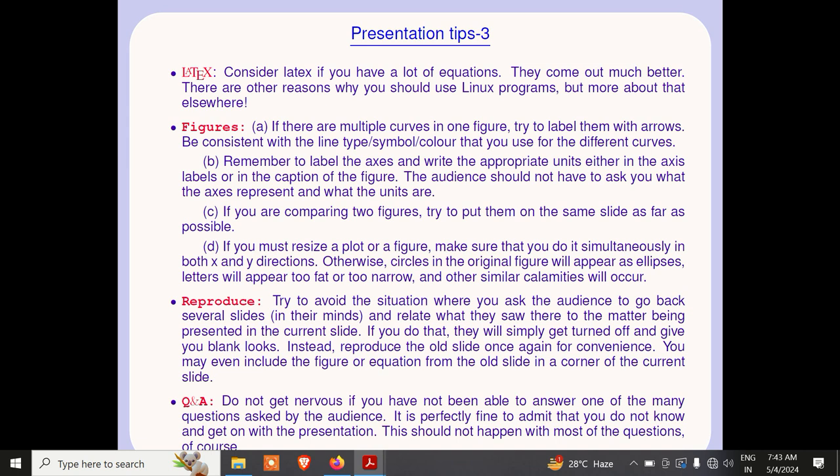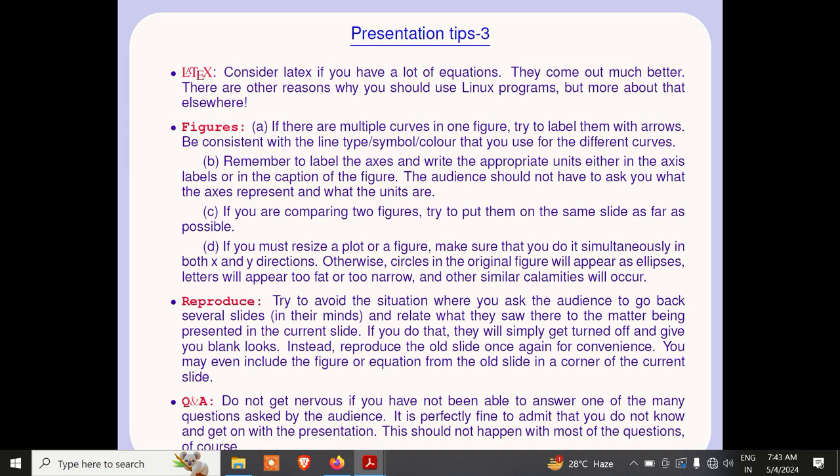Also, you should label the axis. Do not forget the appropriate units and the captions in the figures. Generally, we tend to forget this, and the audience will ask what is the unit of your plots.